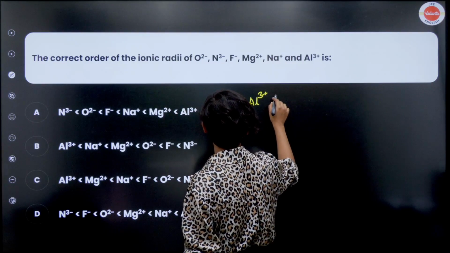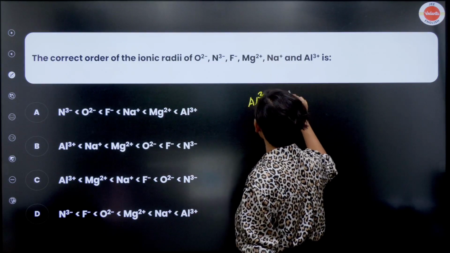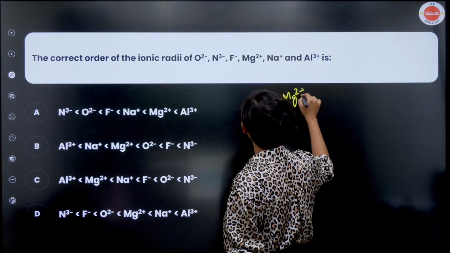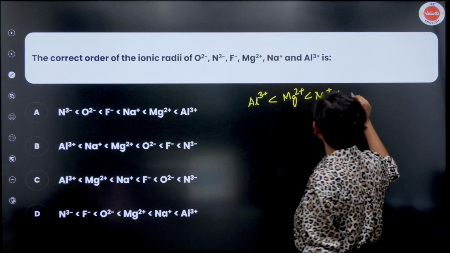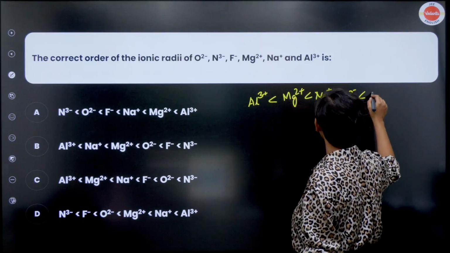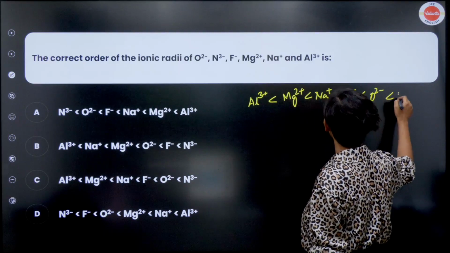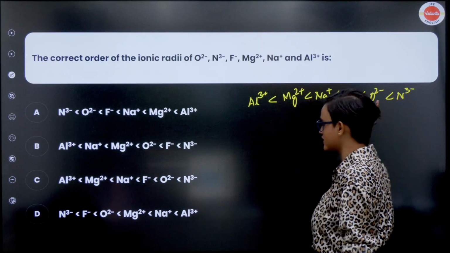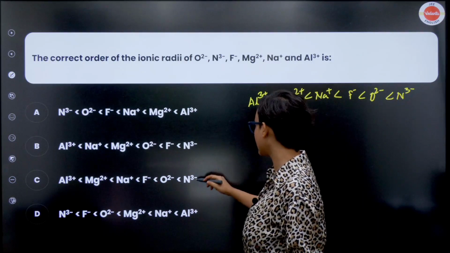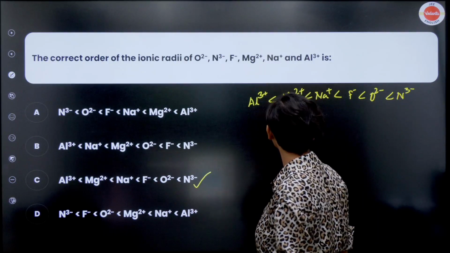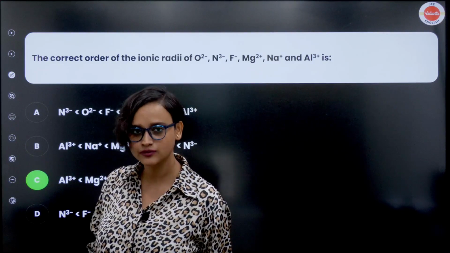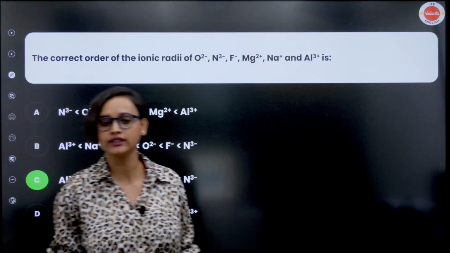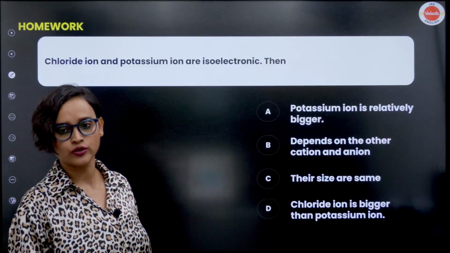So Al3+, then Mg2+, then Na+, then F-, then O2-, and finally N3-. This is your answer. I think it is option C. Yes, it is option C. See, that's all you had to do. Got it? Great. Moving on.